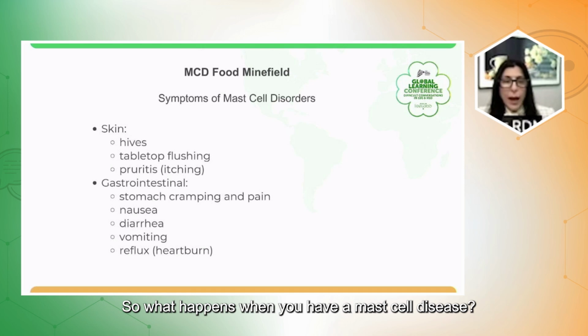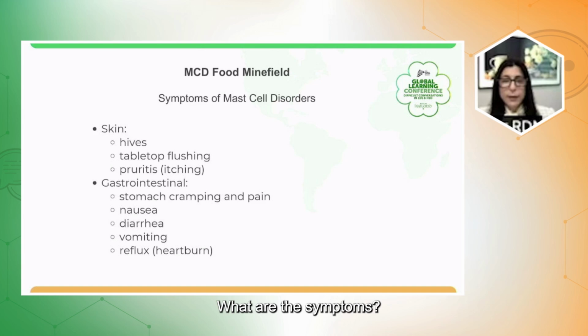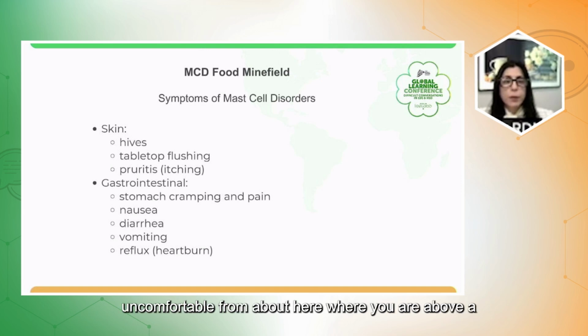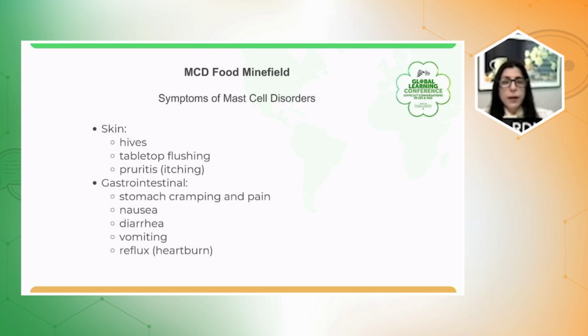So what happens when you have a mast cell disease? What are the symptoms? There can be skin symptoms, and this is very common for most patients. You can get hives. You can have tabletop flushing, which is basically red skin that is hot and uncomfortable from about here where you are above a table, so your chest and your face.